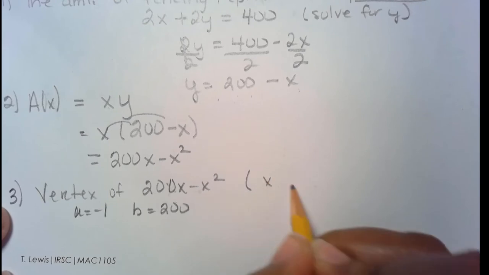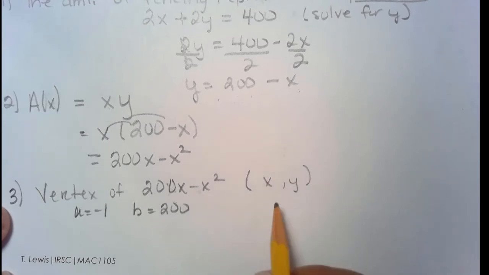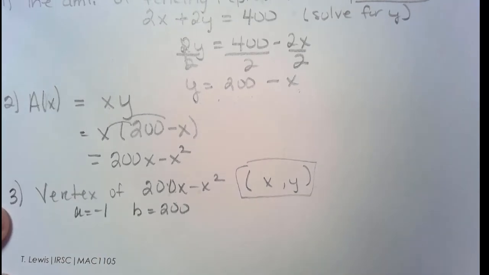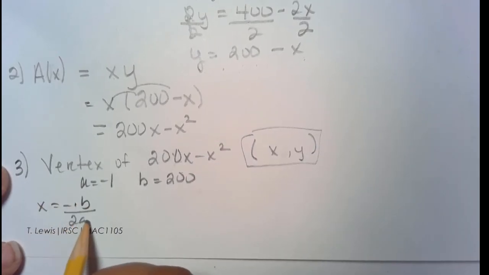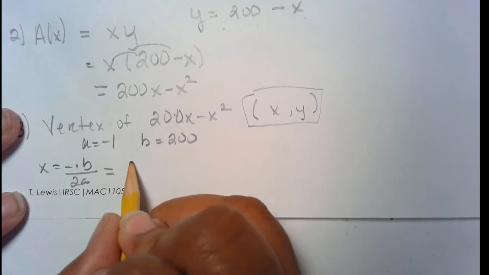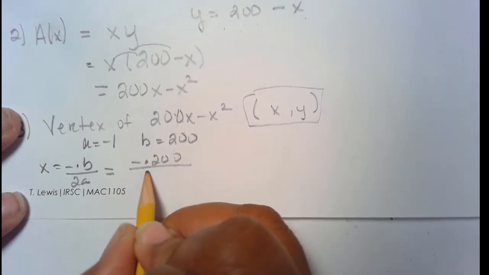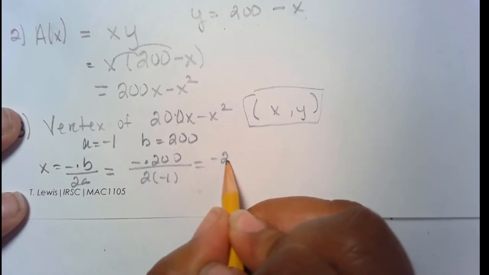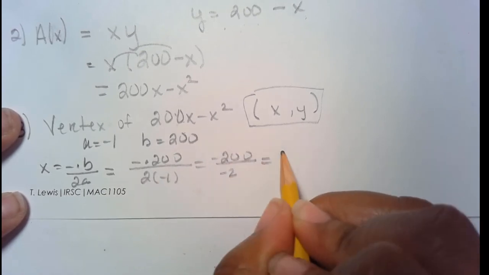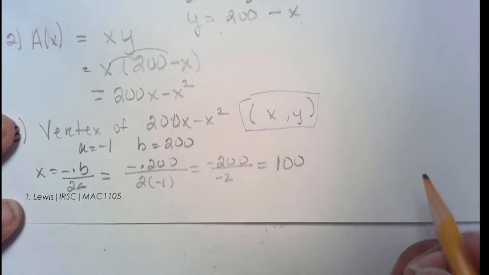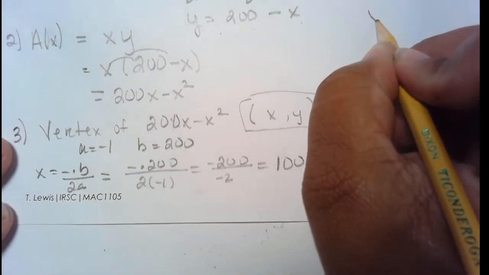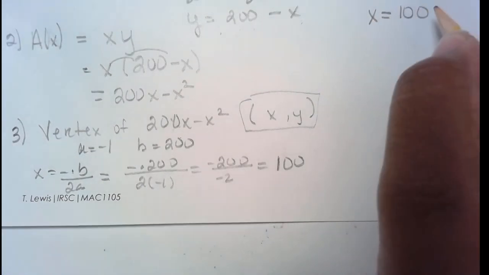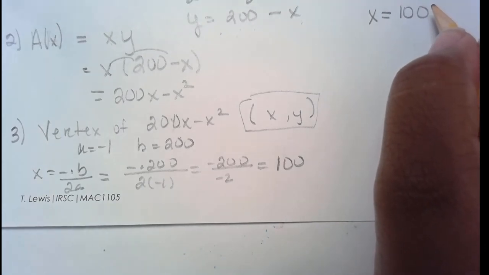We want to find our x, we want to find our y. To find our x, we're going to use the vertex expression. We have x is equal to negative b over 2a. We have here negative 200 over 2 times -1. That is negative 200 over -2. That would give us 100. So for right now, x is 100 yards.